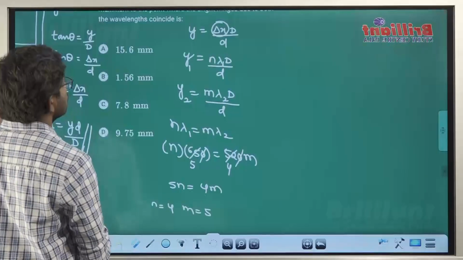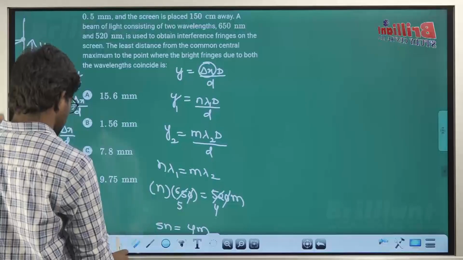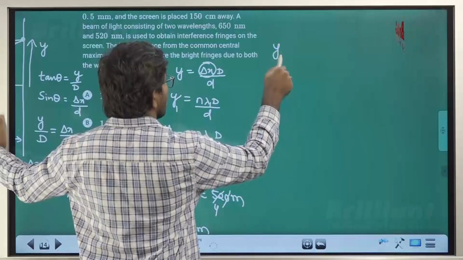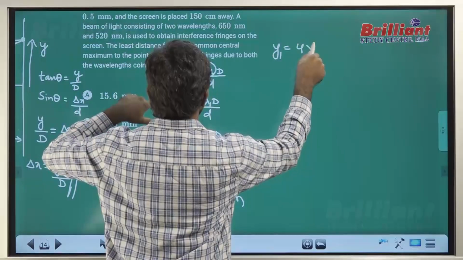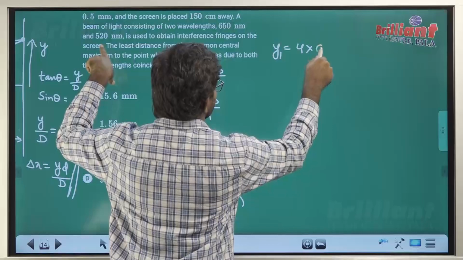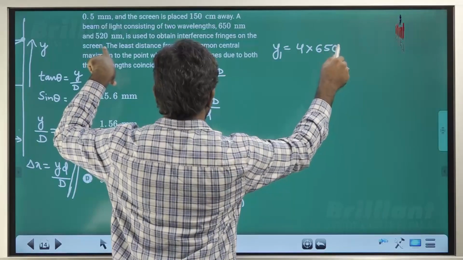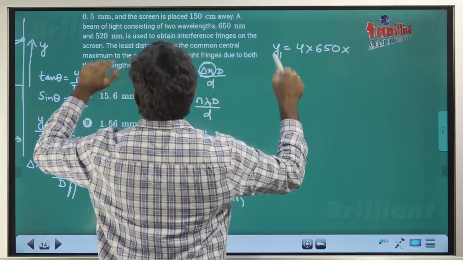So what is this y1 here? Substitute the values. y1 equals n lambda D by d. n is 4, lambda 1 is 650.